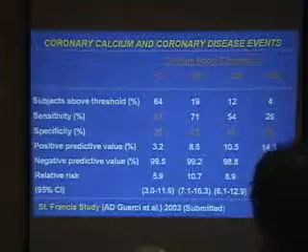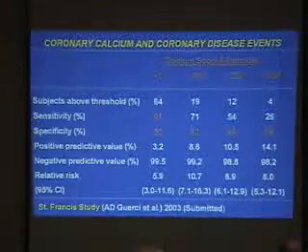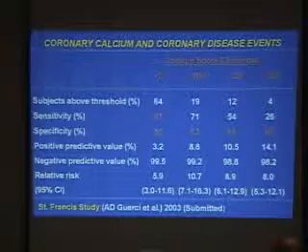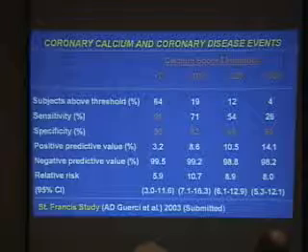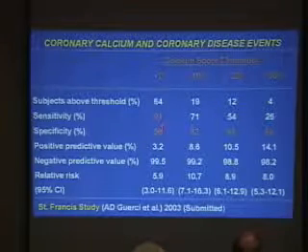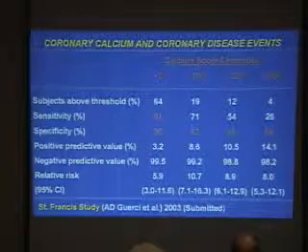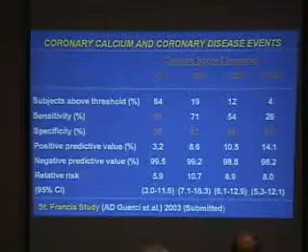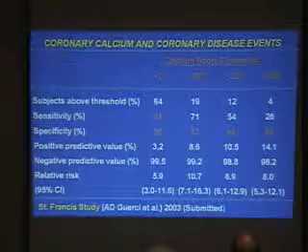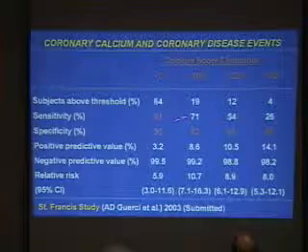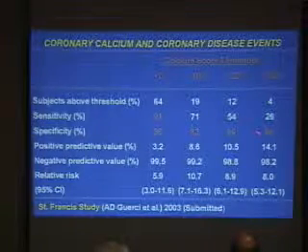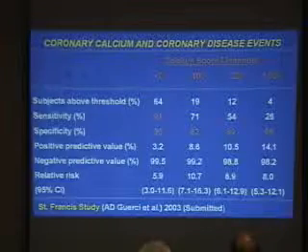If you have 100 patients with coronary disease, 91 will have an abnormal calcium score. If you have 100 people without coronary disease, you are going to find that 36 have an abnormal calcium score. Therefore, the sensitivity is high. The specificity is not good at all. How do you improve on specificity? By quantifying the calcium score, which is what I presented to you before.